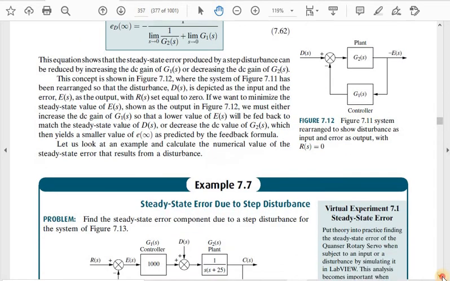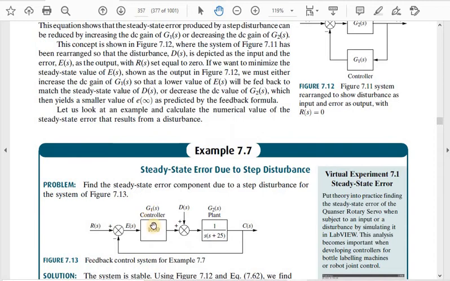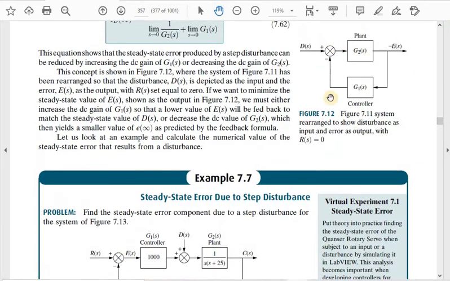Now let's do an example here. So this is our G1, this is G2, and this is the system. We have to find the steady state error component due to step disturbances. First thing is to make this the input and this the output, so we can redraw the block diagram like this.